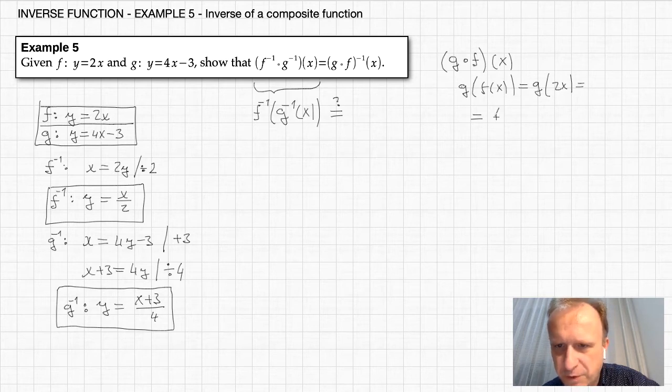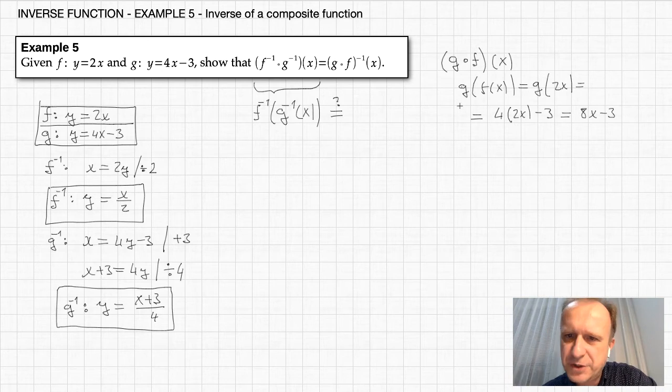So it's 4 times, and instead of x, I use 2x, minus 3. And this must be then 4 times 2 is 8, so it's 8x minus 3. So this is the composite function of g and f. So it's g of f of x, and this is the formula for that function.